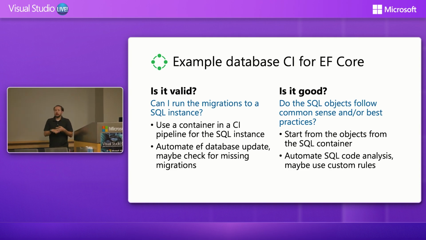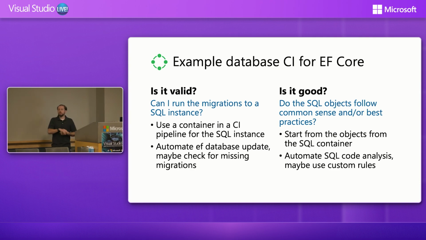When I do CI from the standpoint of starting with a database that's already being created, I have two questions about my database. Is it valid? And is it good? That second one is a lot more subjective. Is it valid is just giving me a moment to use that sidecar container and make sure that the migrations will run.